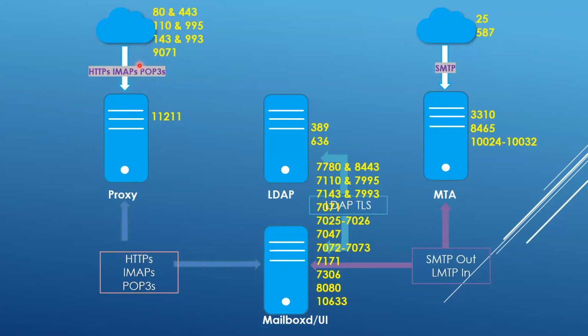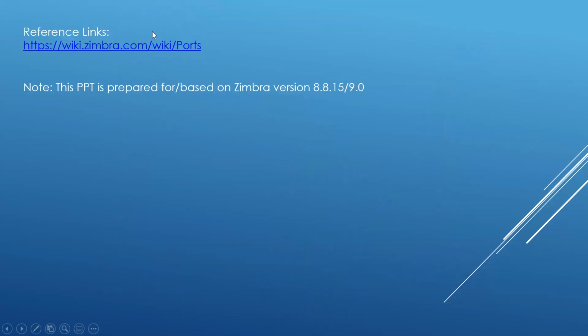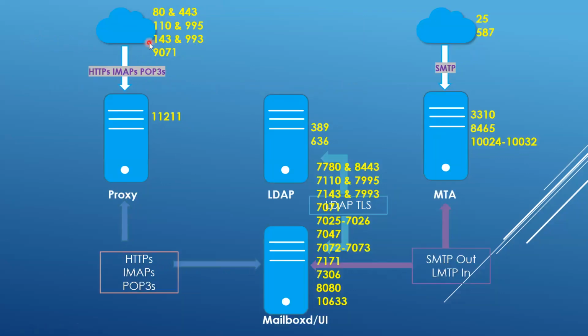In the same way, when an end user tries to access POP3 connections, the end user uses 110 and 995, and proxy transfers those requests to the mailbox server over 7110 and 7995.